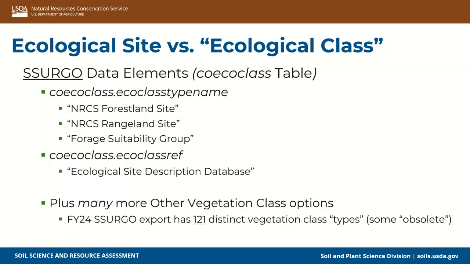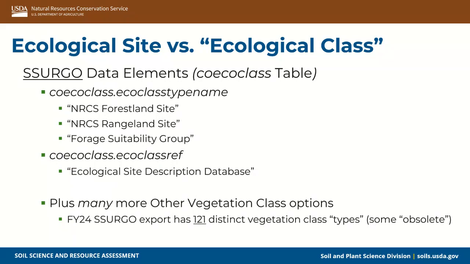Just to throw it out there, fiscal year 2024 SSURGO has 121 distinct vegetation class types. These are groups of codes that are essentially each their own systems. Some of them are obsolete, but some actually contain a lot of information that might be relevant to our partners or to the future development of our ecological sites.